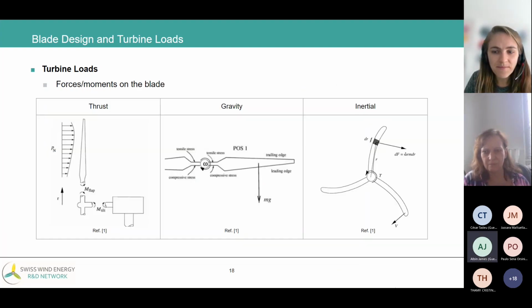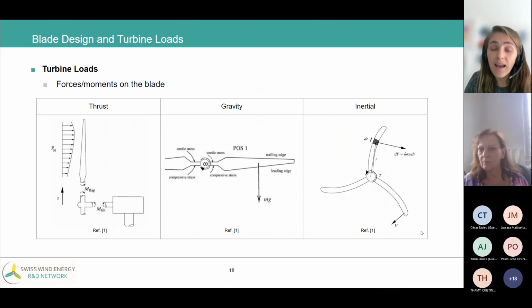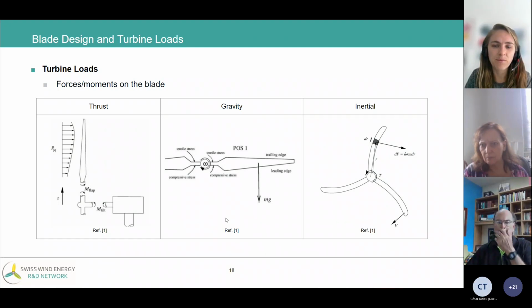Next. For offshore wind turbines, what would be the new elements in addition to the ocean waves? I will put one point here.